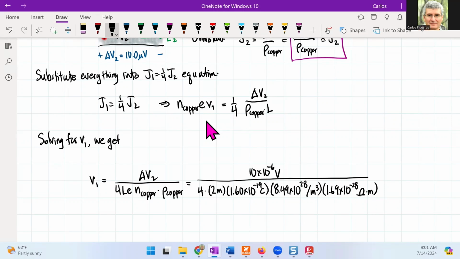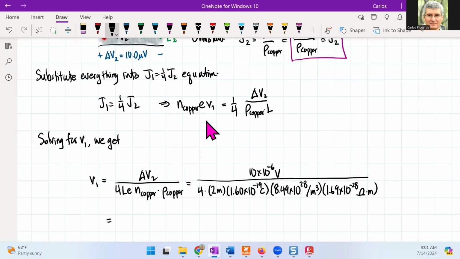So what you should do here is try to make things nice for you. Look at all the powers of 10 and try to isolate them. You're still going to have to put this into a calculator, and the first thing I'm going to do is pull out the numbers.